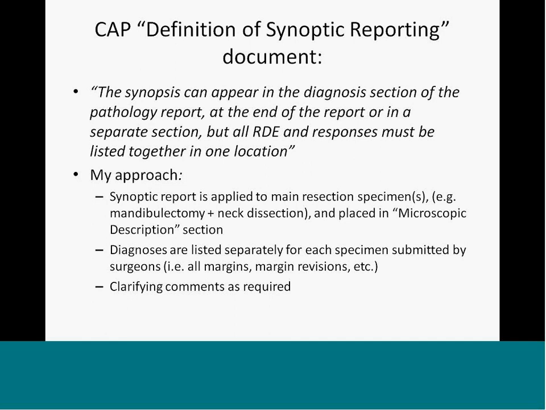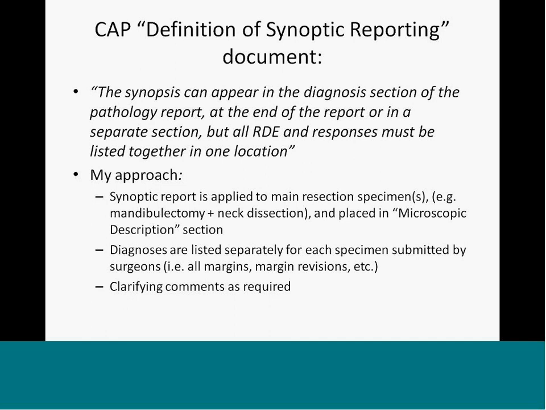I put in my microscopic description G and H, mandibulectomy and neck dissection specimen, and report my synoptic in there. What I do is I list the diagnoses, every single one separately for each specimen, as they're submitted by the surgeons. I would include all the margins, or all the margin revisions, and I report which specimens were subjected to a frozen section versus which specimens were not.